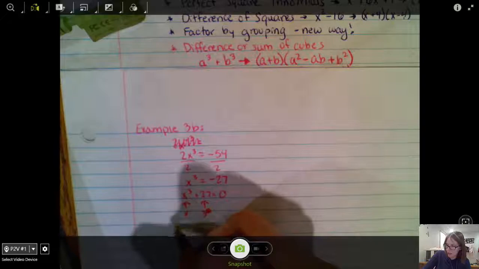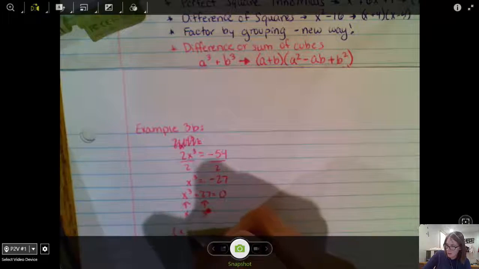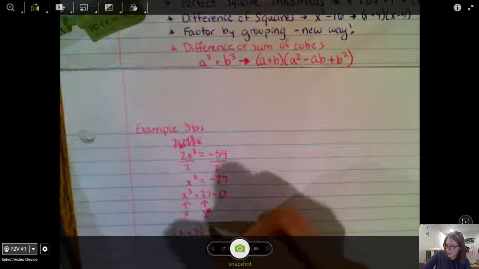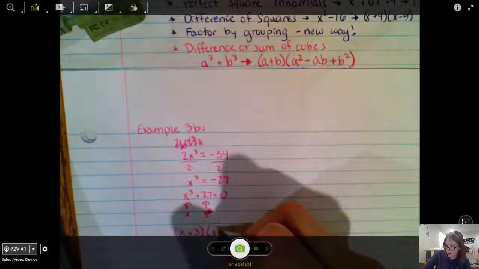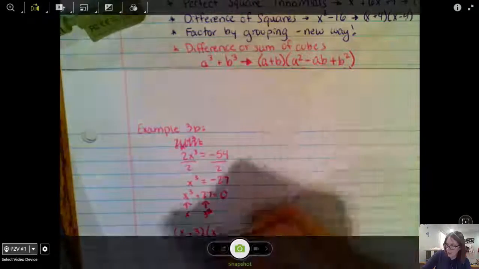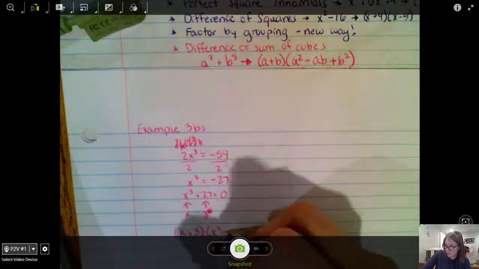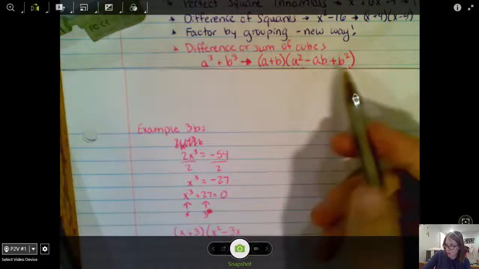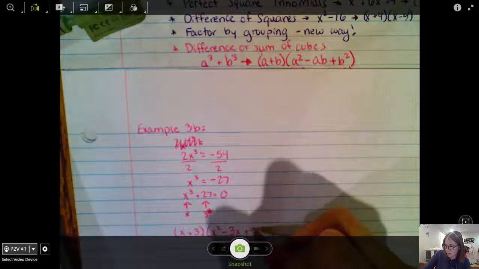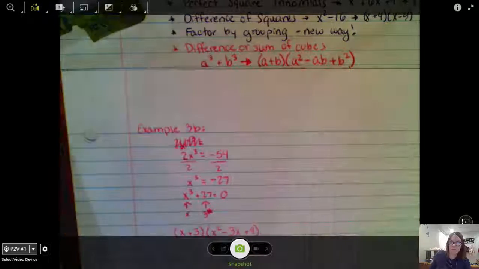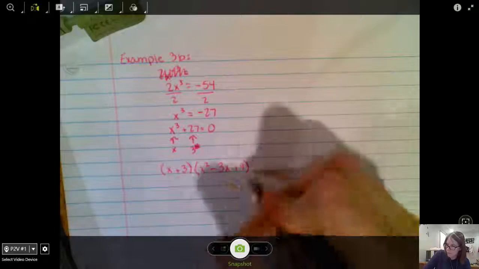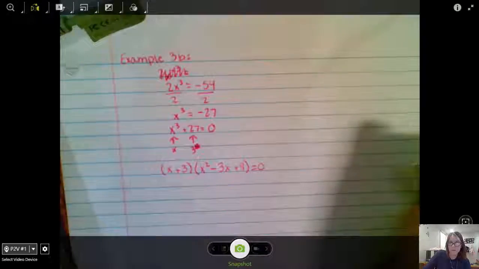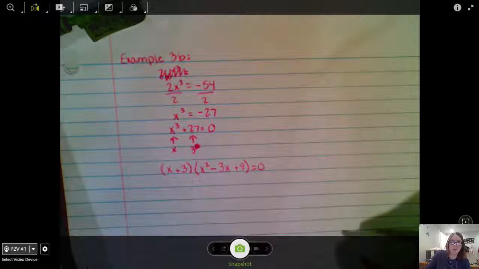So this factors as x plus 3 times a squared minus ab plus b squared equals 0.